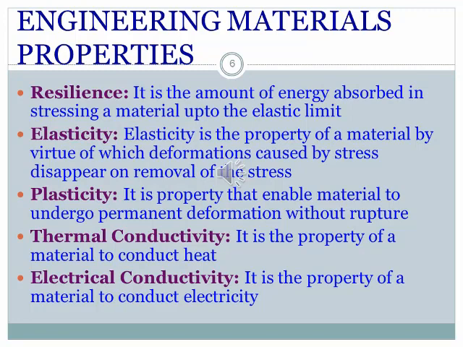We have two types: thermal and electrical conductivity. Thermal conductivity is the ability of the material to conduct heat across itself, and electrical conductivity is the property of the material to conduct electricity across itself. So these are the various properties by which engineering materials can be defined.